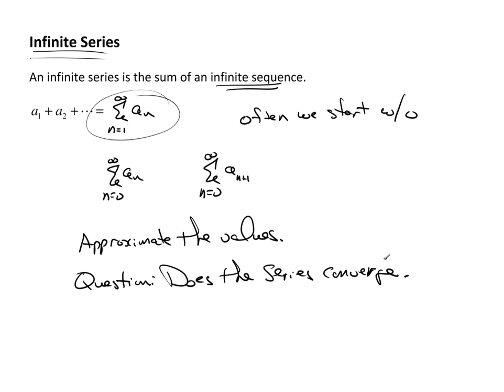So what we're going to start concentrating on from here on out is a closer look at these infinite series, and we're going to be developing various techniques for approximating the value of an infinite series, or determining if the series simply converges or diverges.